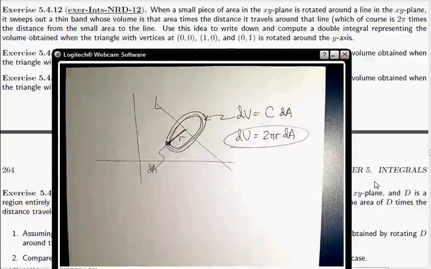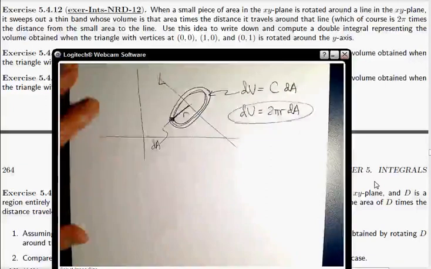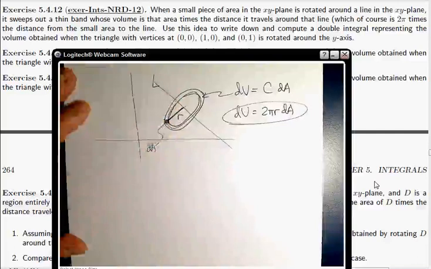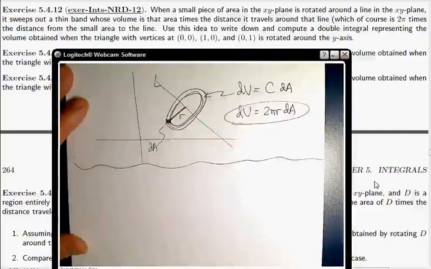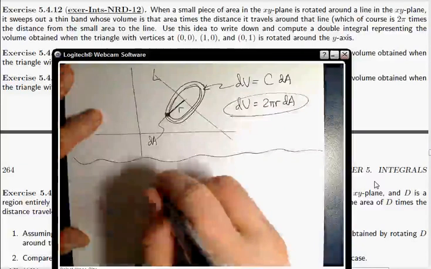So now the problem says use this idea to write down and compute a double integral representing a certain volume. This was an abstraction. Let's talk about the actual specifics of our problem. We've got a triangle with certain vertices.